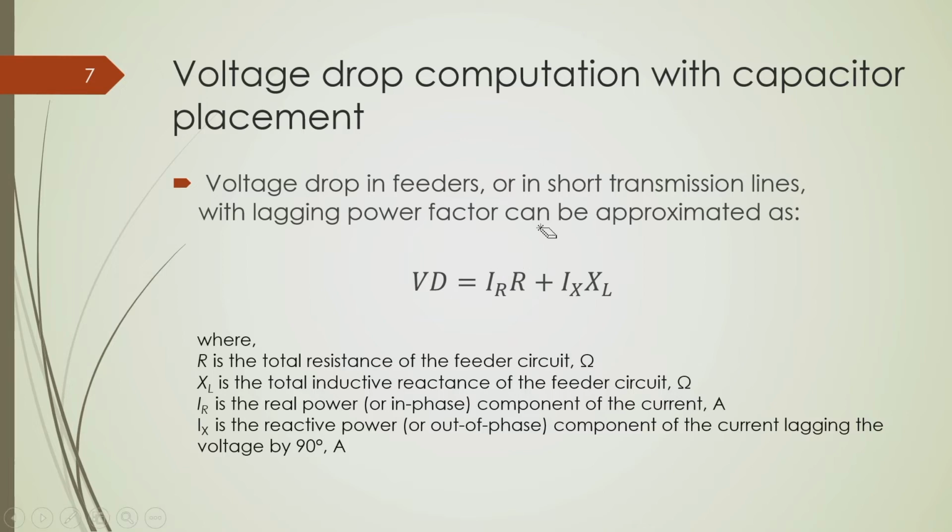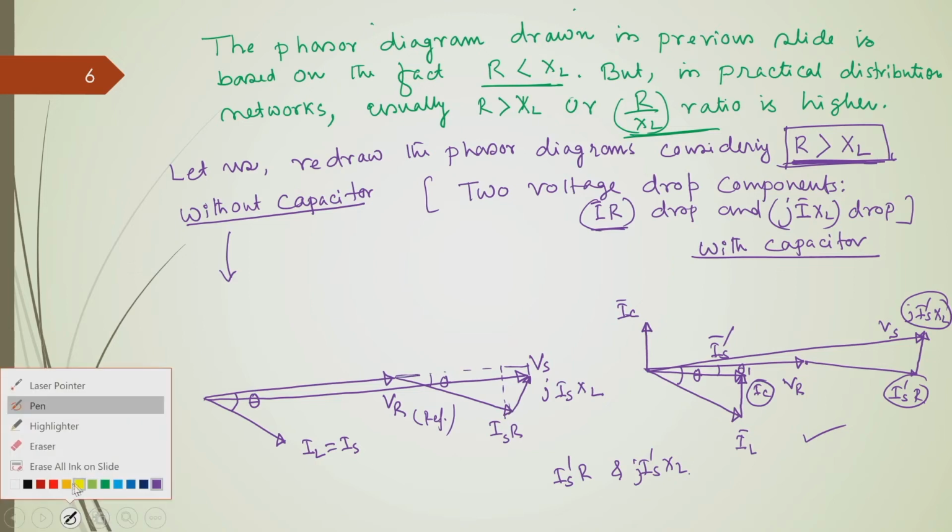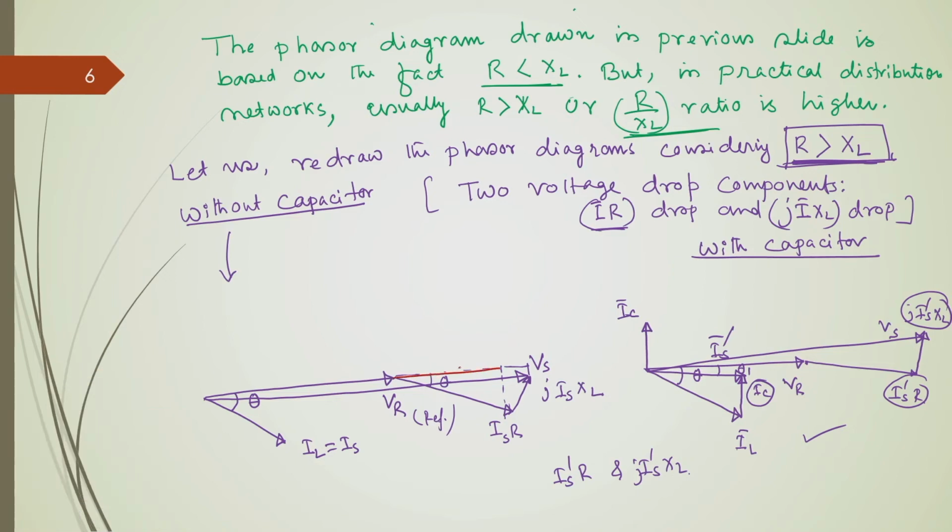If you extend this, then this part is basically the in phase component of this I_S R drop. Since this is angle theta, this will be equal to I_S R cos theta, and that will be the in phase component.